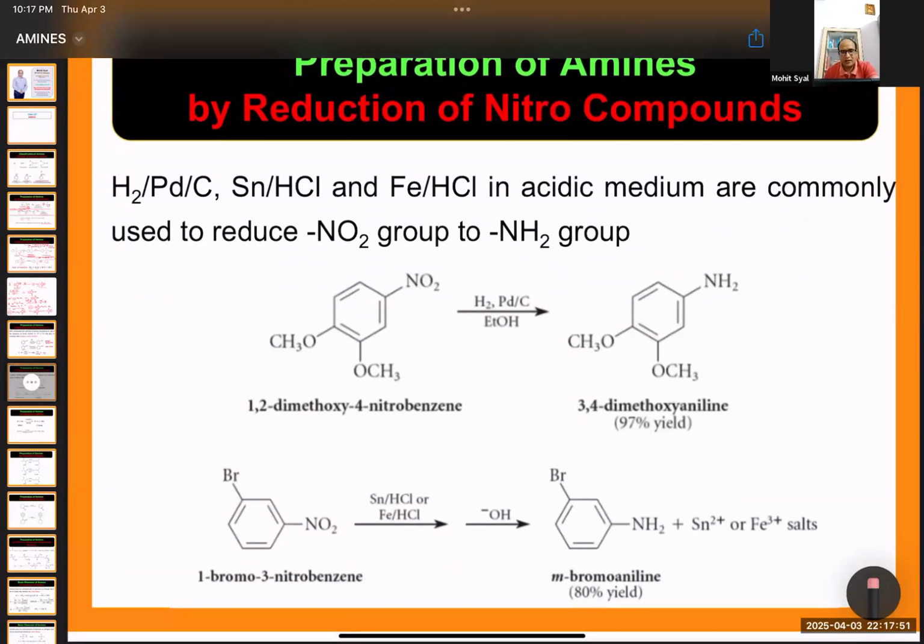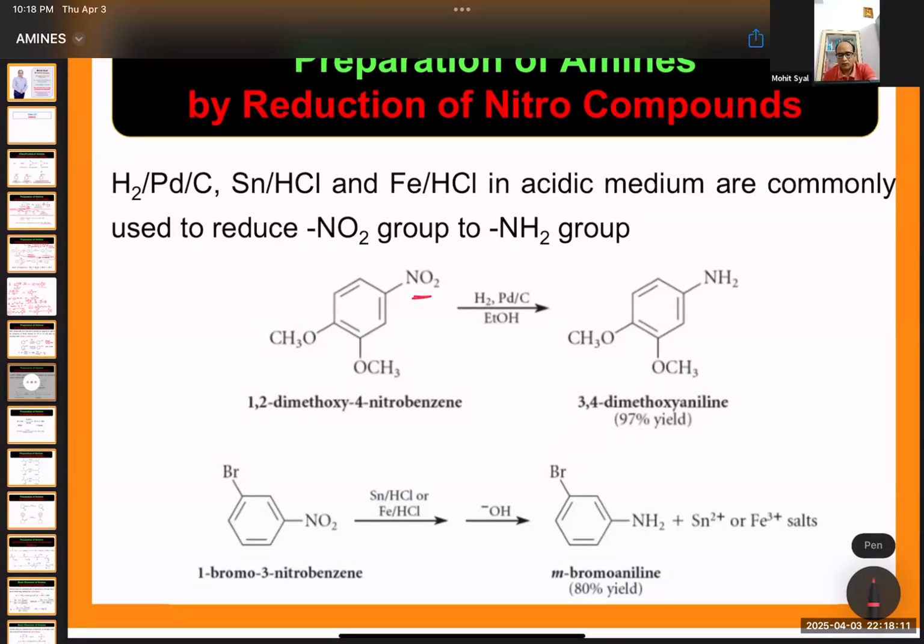These are some other reductions. And some reducing agents which we were talking about more explicitly are written here: H2/Pd-C, Sn/HCl, Fe/HCl, you can see. H2/Pd-C is reducing the NO2 group to NH2, and with a good yield, you can see here, 97% yield is amazing.